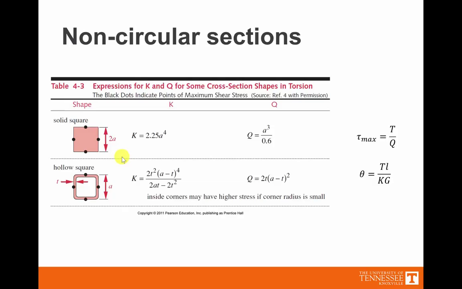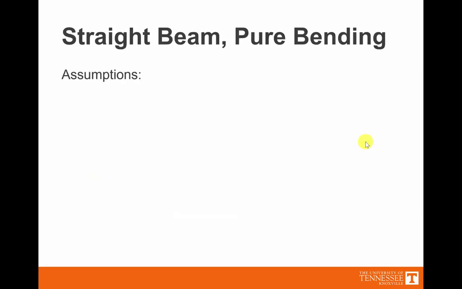So feel free to look back at table 4.3. There are others besides just a solid square and a hollow square. I wanted to point out that you don't necessarily need to solve the integration. It's already been done for us, and most of the time what we actually care about is the maximum shear and not a formula to tell us what the entire shear is everywhere.